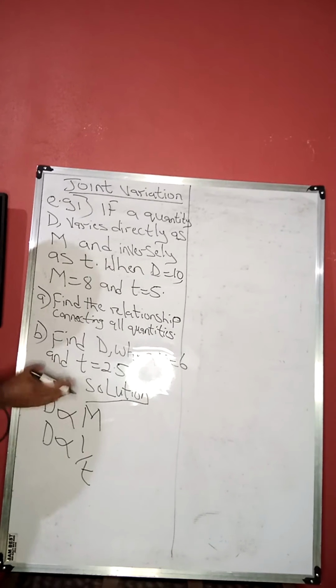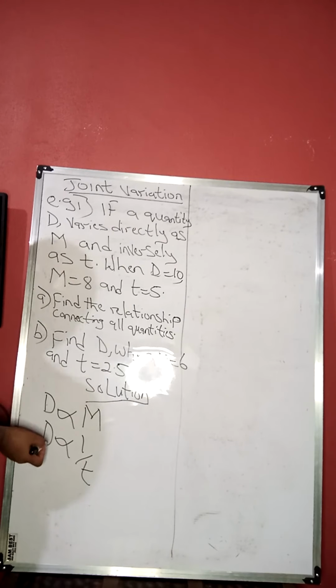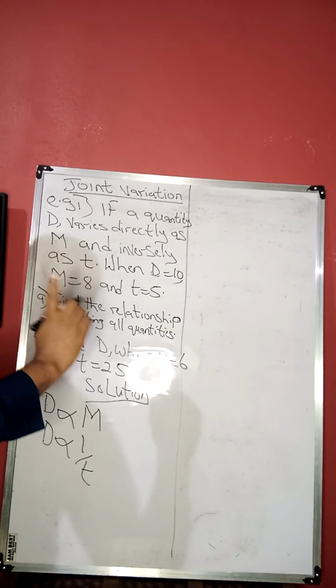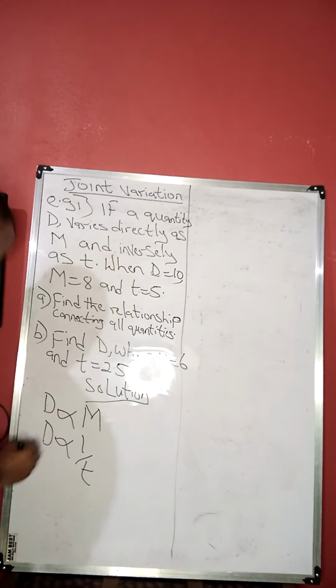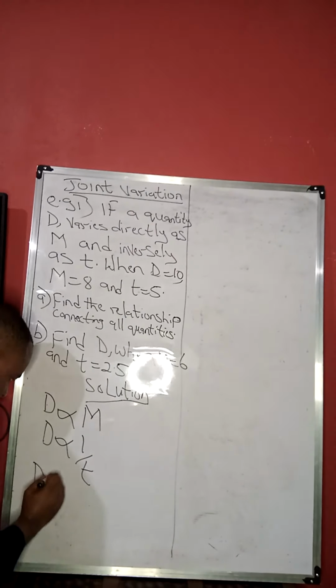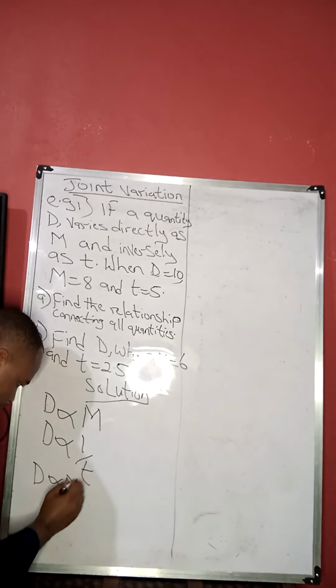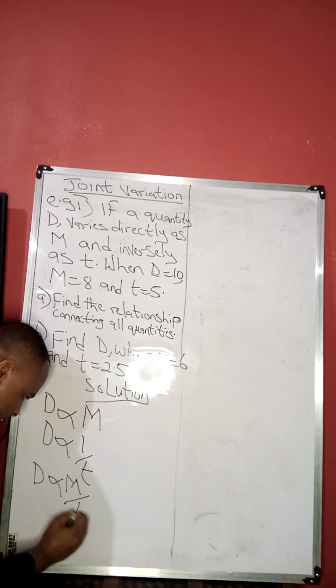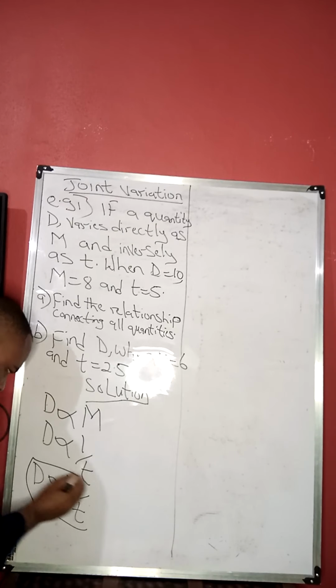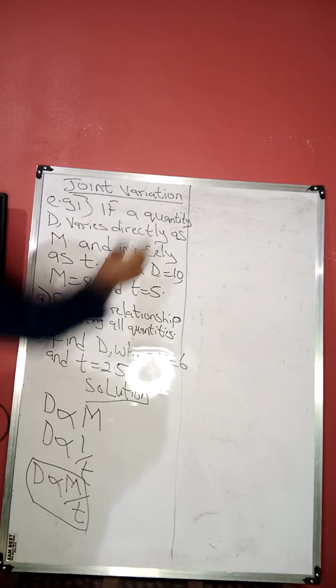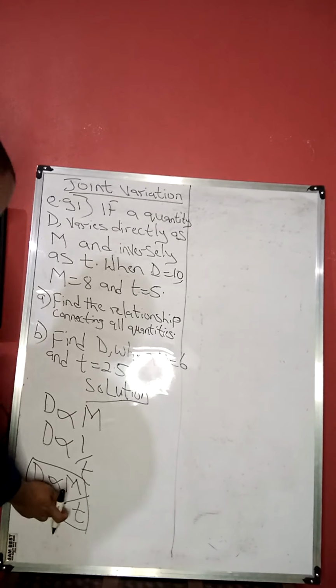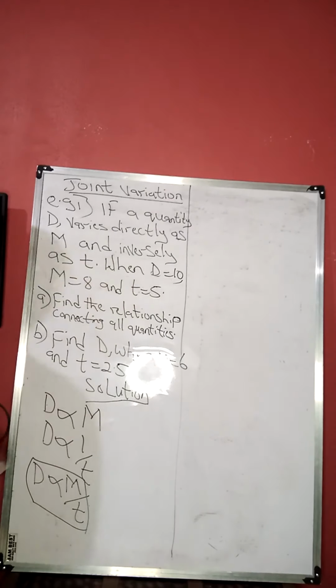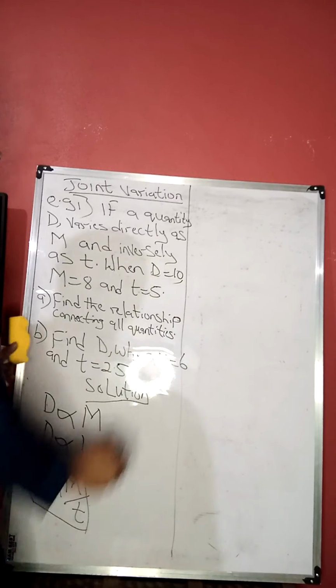Now, to combine these two, D varies directly as M and inversely as T. This is the interpretation of this sentence. I just combined this.